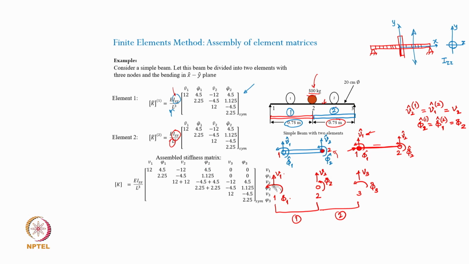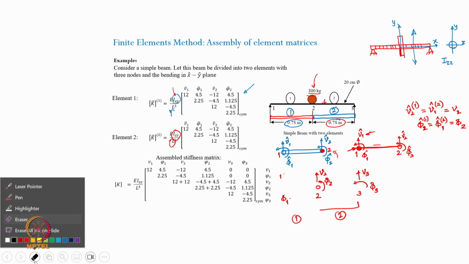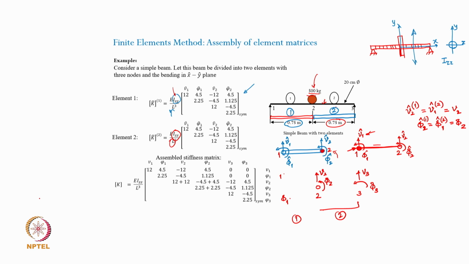So, let me show you that the matrix is now going to be as you notice here, wherein the first 4 rows and columns are corresponding to the first element.